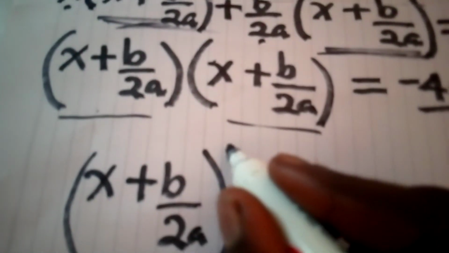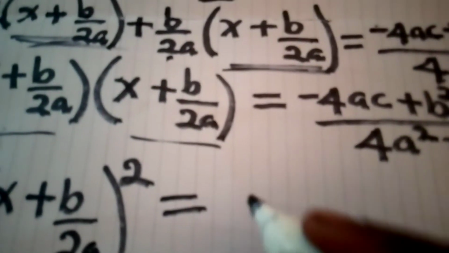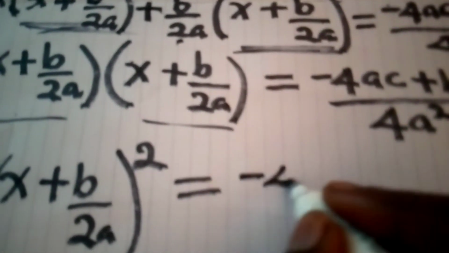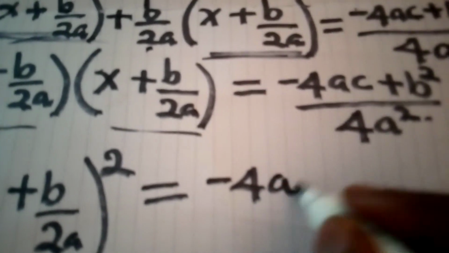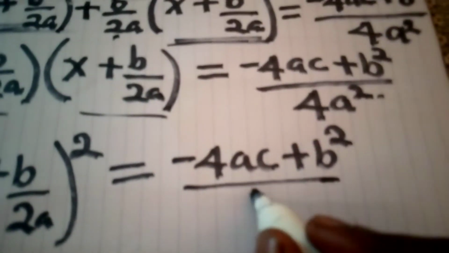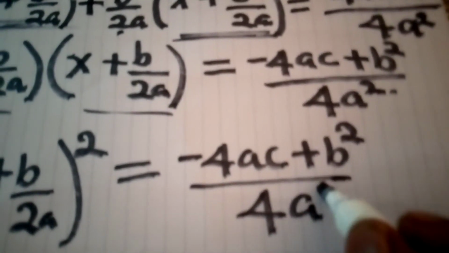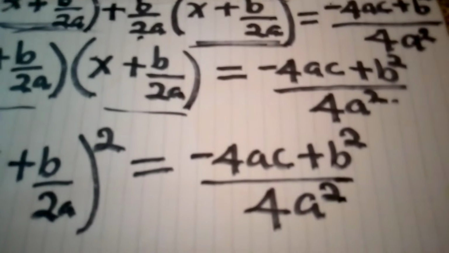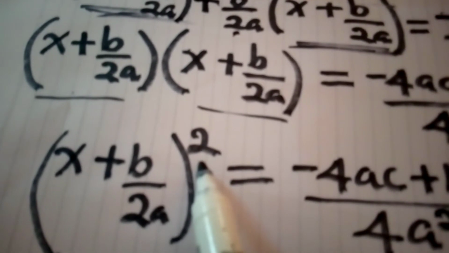Because they are the same, we square just. Then you'll have this one being equated to that. You'll have minus 4ac plus b squared. The whole thing divided by 4a squared.